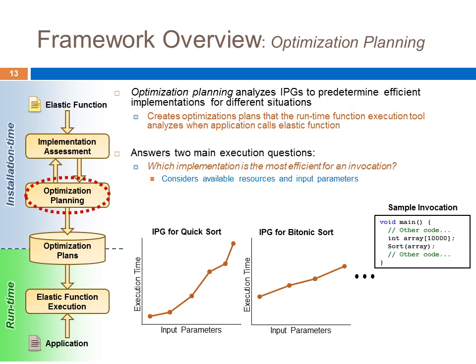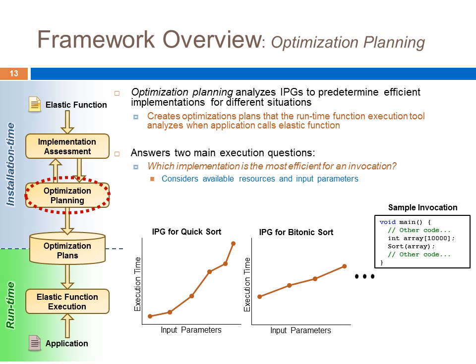So optimization planning does a lot of things, but it basically answers two main questions for how to execute a function. The first question is, which implementation is the most efficient for a given invocation? There's an example of this shown at the bottom. So there's an IPG for a quicksort implementation and an IPG for a bitonic sort implementation.